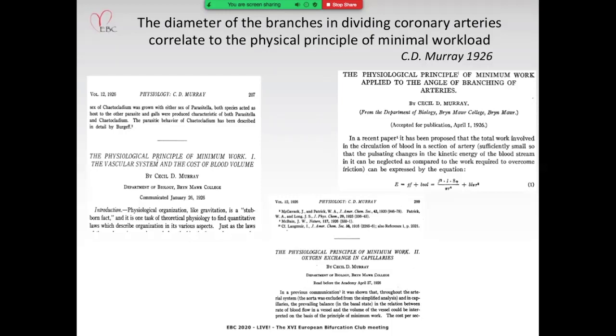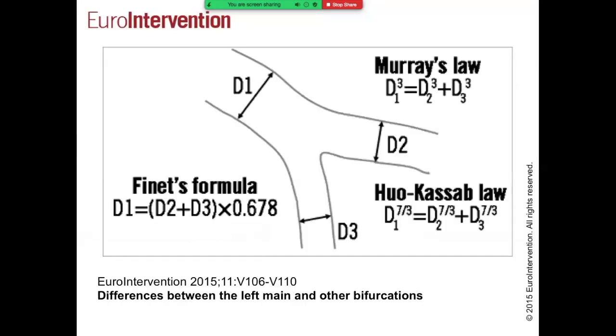But what are the implications of this? Well, from Murray's law and from some of our other colleagues, Girard Finet and our friends Hu and Kassab, the relation between the diameter in the distal part of a bifurcation and the proximal part is depicted in this picture.